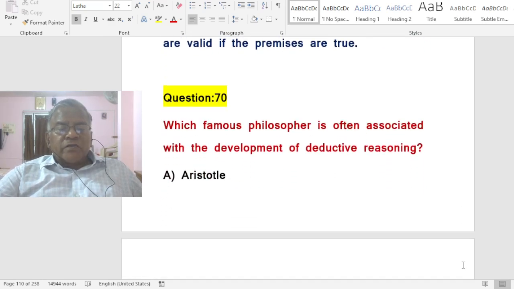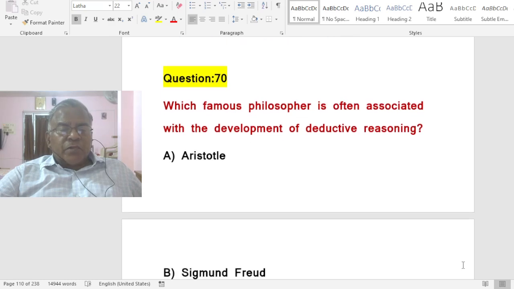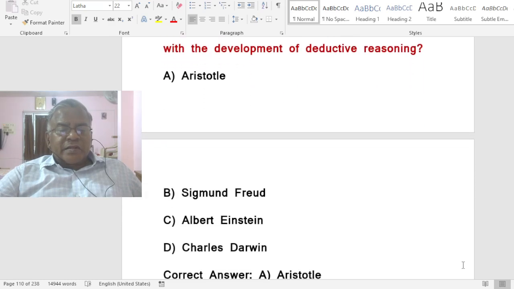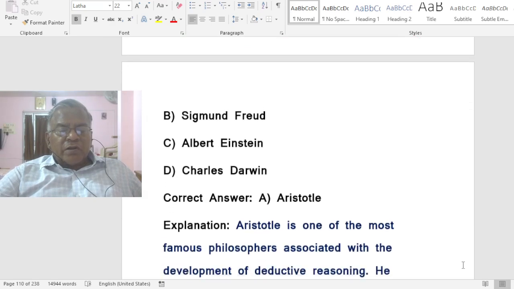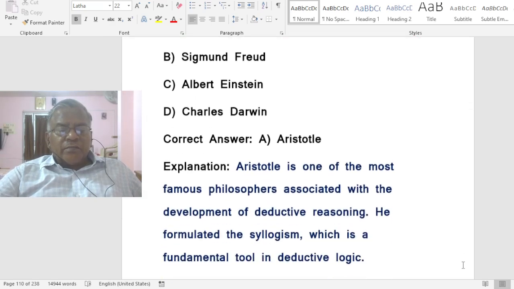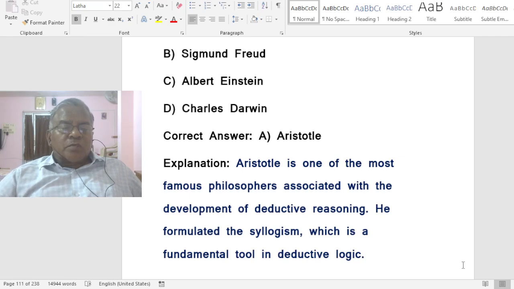Which famous philosopher is often associated with the development of deductive reasoning? That is Aristotle. We have already seen that. He formulated the syllogism, which is a fundamental tool in deductive logic.